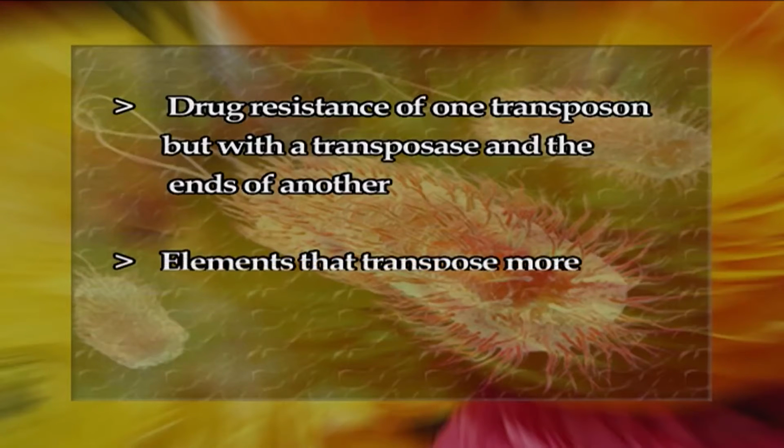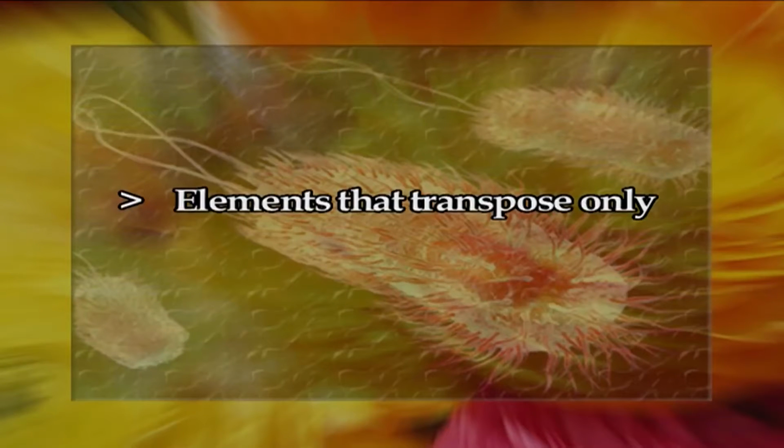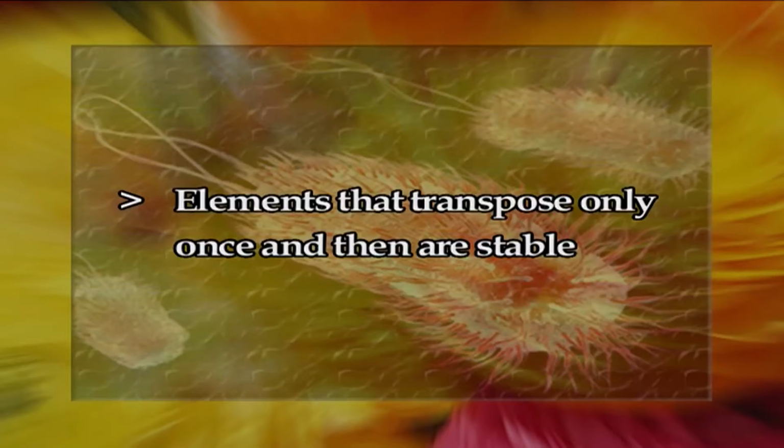Number 2, elements that transpose more or less frequently than the originally isolated version due to differential expression of the transposase. Number 3, elements that transpose only once and then are stable.